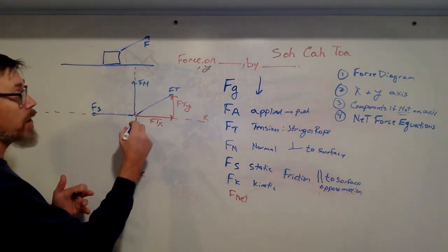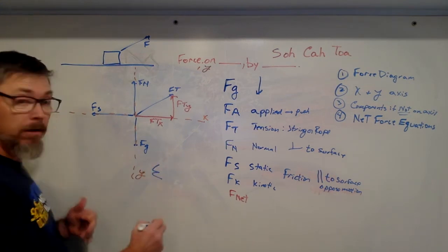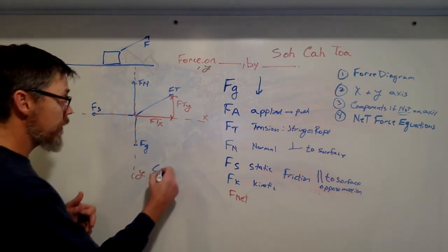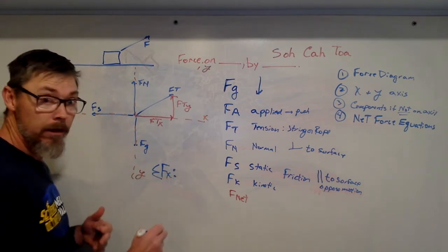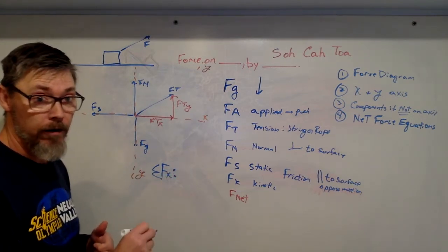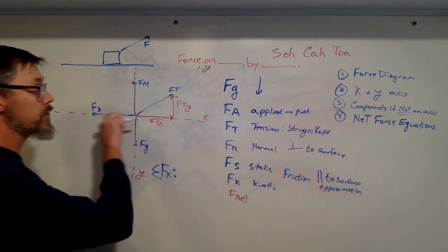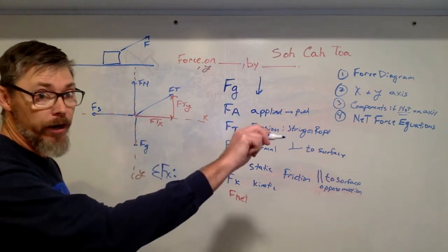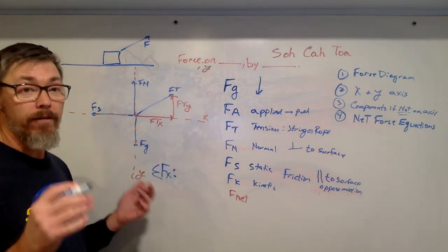So we're going to start with our x's. We're going to write an equation that's the sum, remember that sum of the forces in the x direction, and put a colon, not an equal sign there. The sum of your x forces. So start looking in the positive x direction. Only x direction. Don't look at the diagonal. What do we have in the positive x direction? We have Ftx.